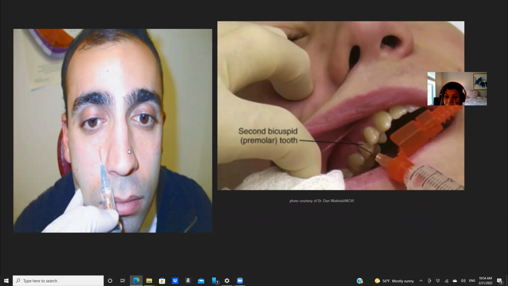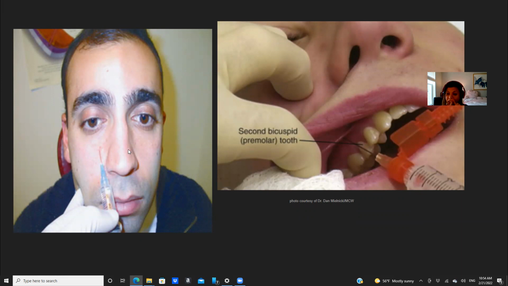So how am I going to block that nerve? Lift your upper lip up, and you will inject into the buccal fold right above the premolar tooth, or the second bicuspid, right here.